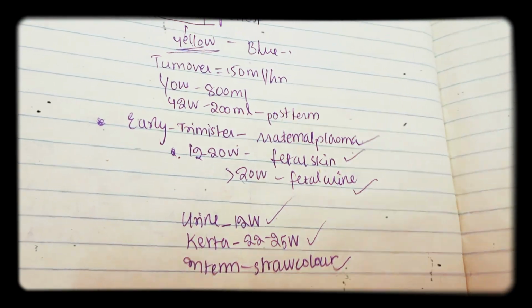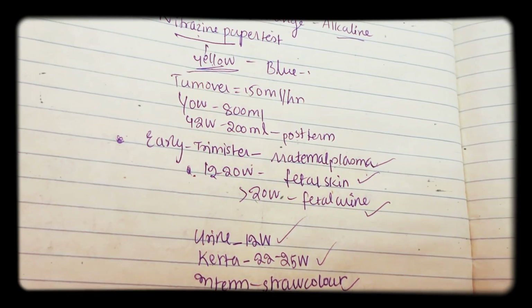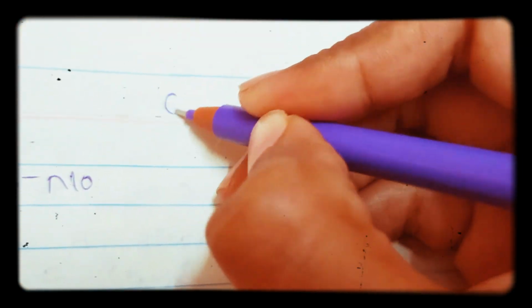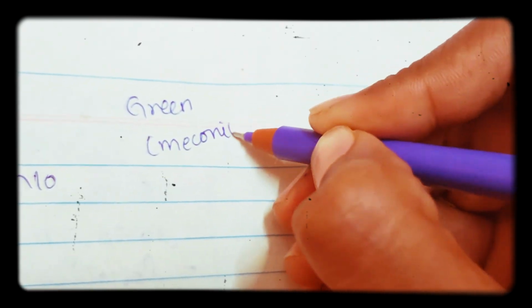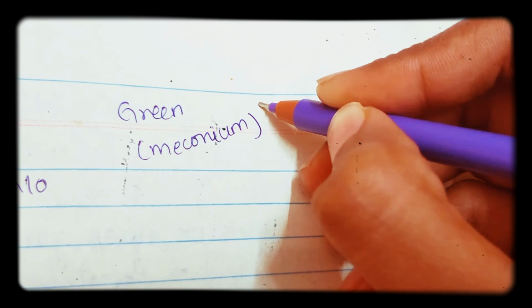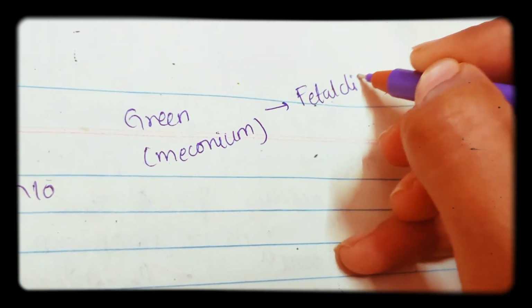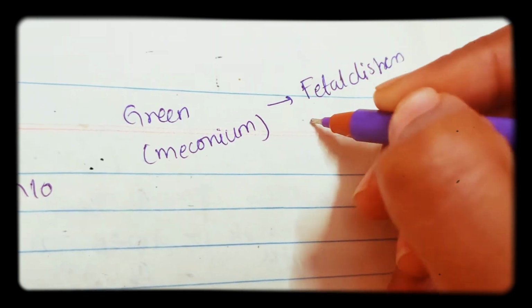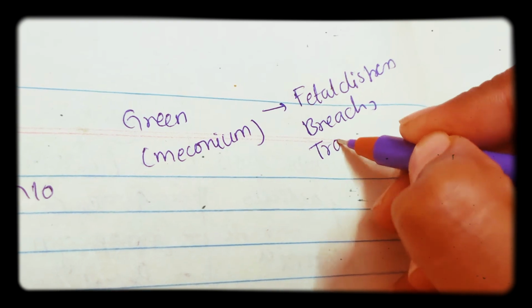Now coming to the other features: according to different colors of amniotic fluid, there are different conditions. So let us see. If the amniotic fluid is green in color because of meconium, then the condition is fetal distress, breech position, and also transverse lie.